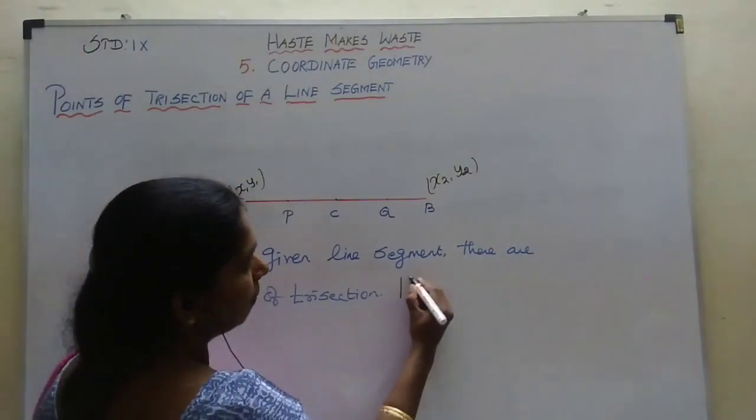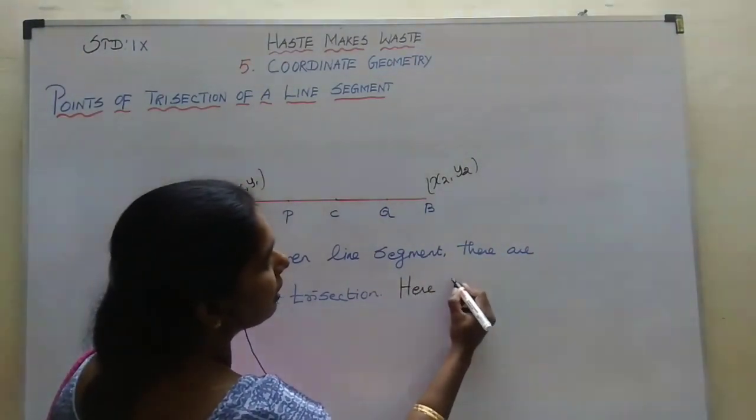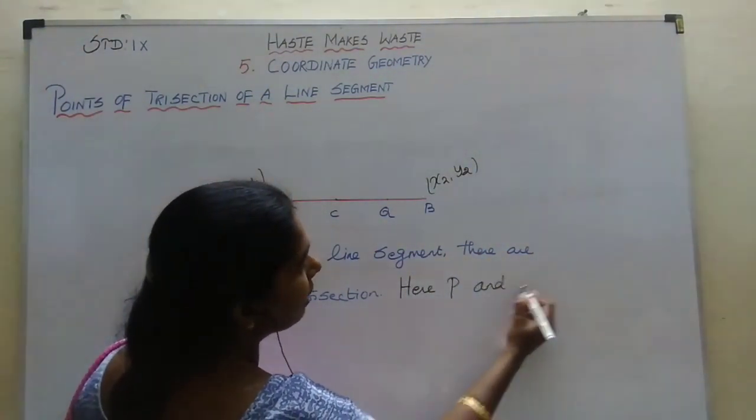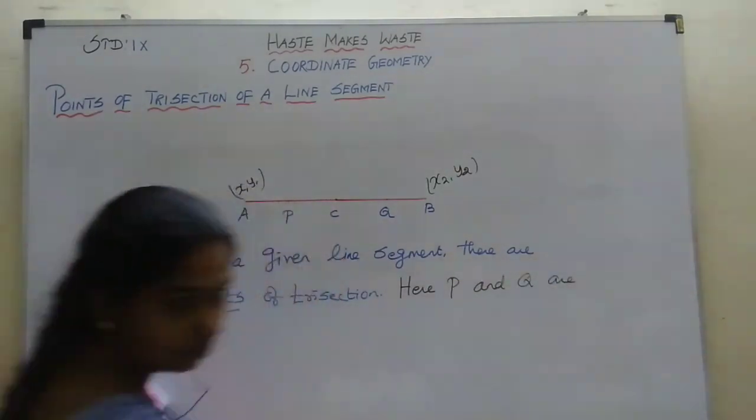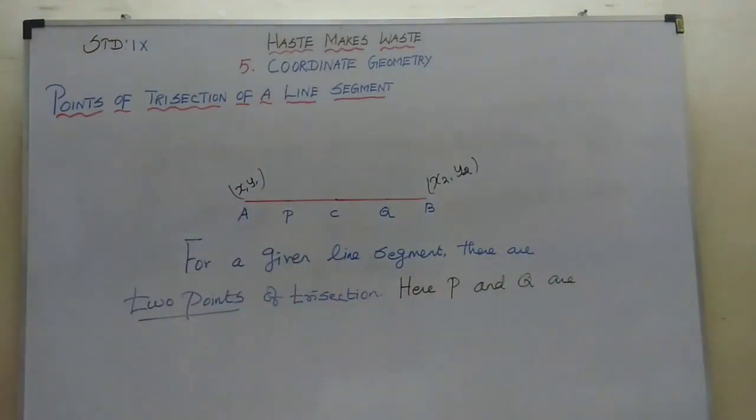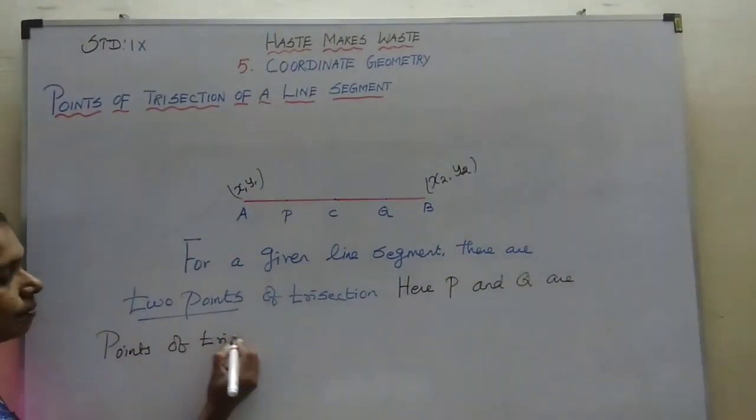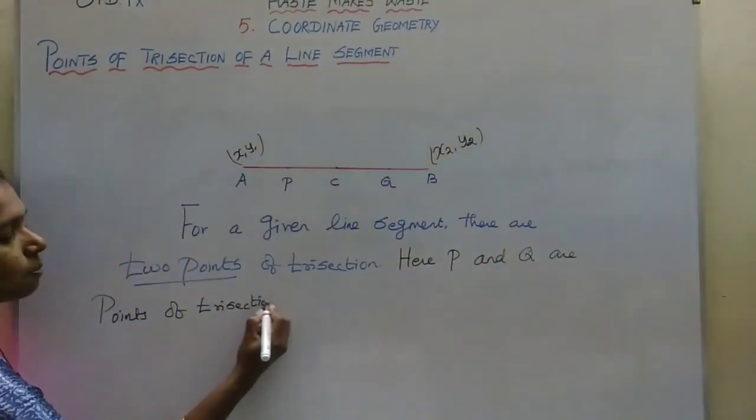Now, how many points of trisection do we have? Here P and Q are the points of trisection. How is it a point of trisection?